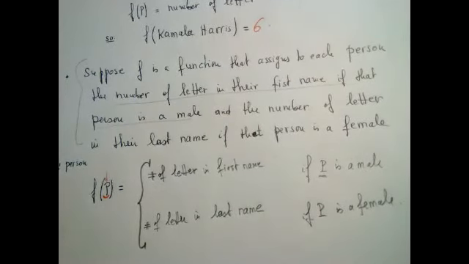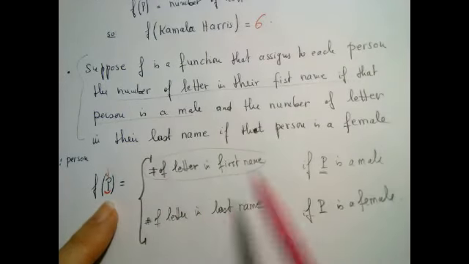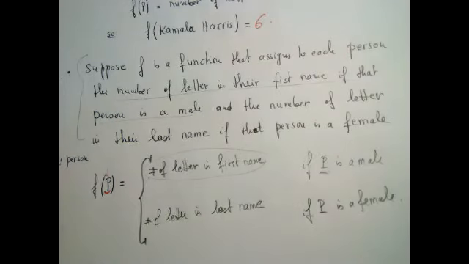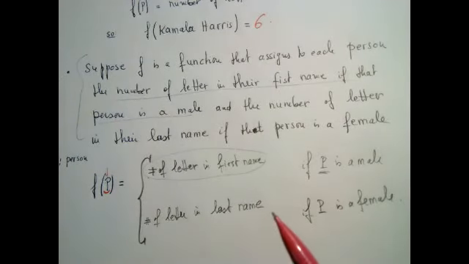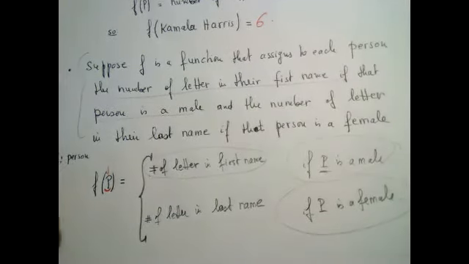So this type of function, where the rule or the assignment depends on the input, will be called a piecewise defined function because they are defined piece by piece. If it's a male, there is one definition. If it's a female, it's another definition.